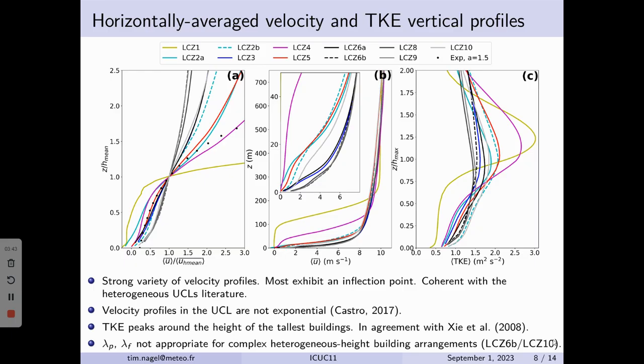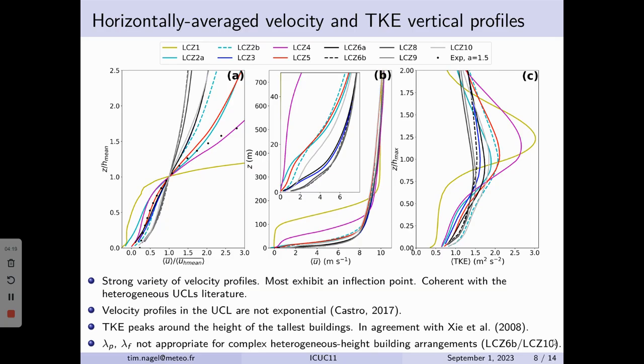First result: we can look at the velocity and turbulence kinetic energy profiles for the different local climate zones. This is the normalized velocity profile, and the profiles strongly differ because of the very different density of these morphologies. They exhibit an inflection point between a convex profile above the urban canopy layer and a concave profile in the urban canopy layer, with the only exception being LCZ 9, which is sparsely built and behaves like a rural environment and not like an urban environment.